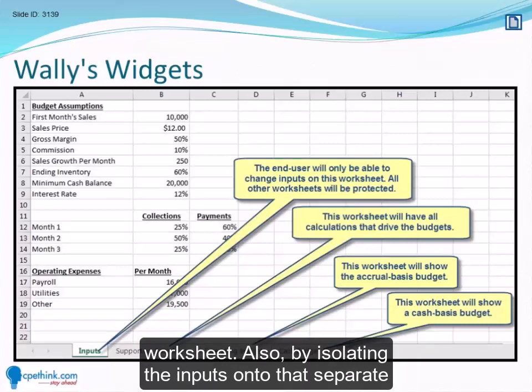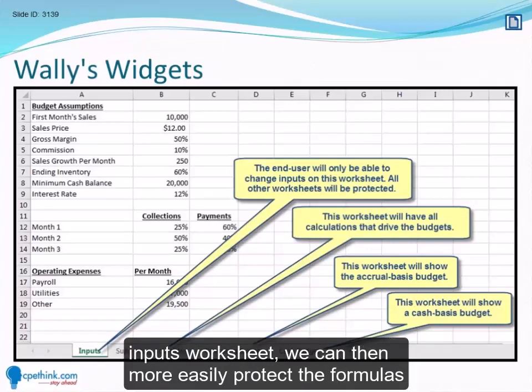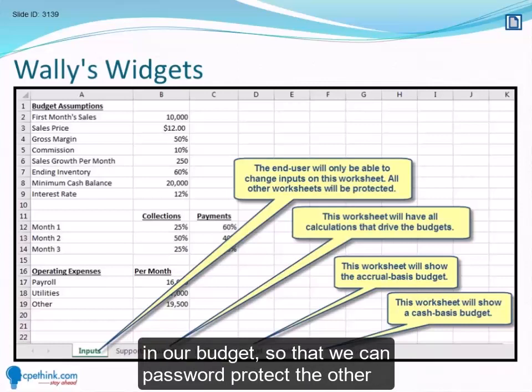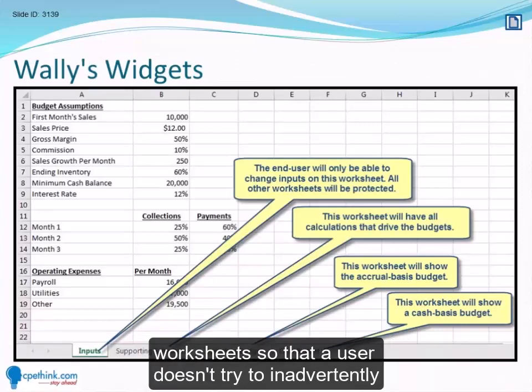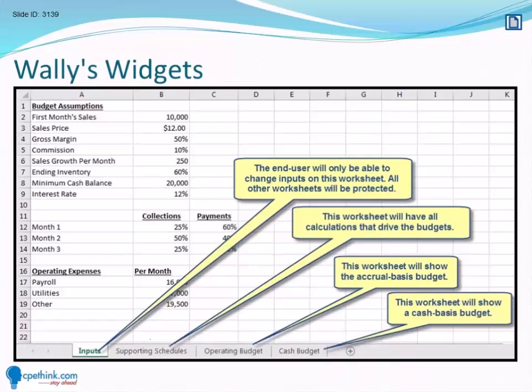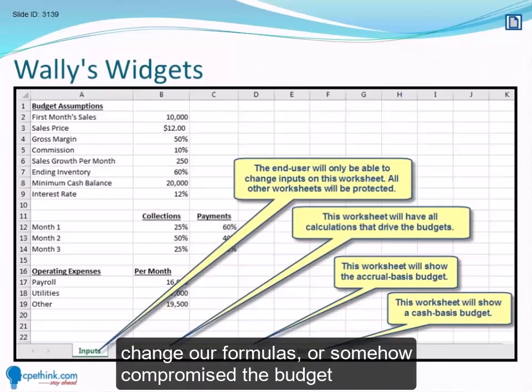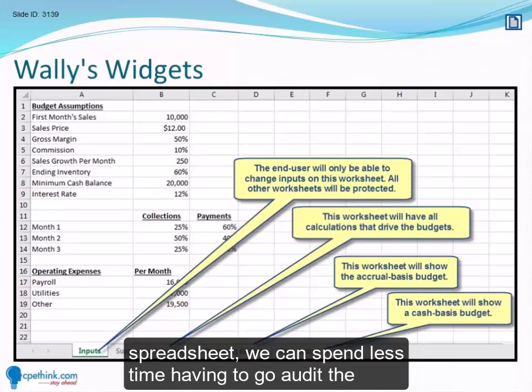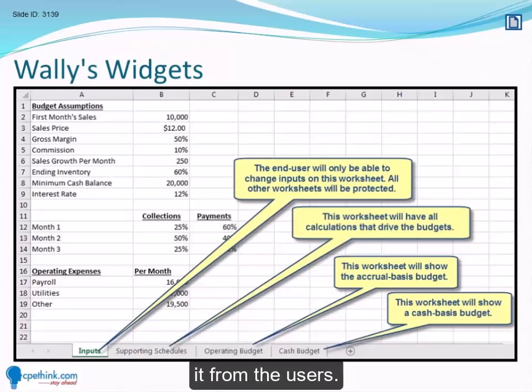Also, by isolating the inputs onto that separate inputs worksheet, we can then more easily protect the formulas in our budget so that we can password protect the other worksheets so that a user doesn't try to inadvertently change our formulas or somehow compromise the budget spreadsheet. We can spend less time having to go audit the spreadsheet because we're able to build it out and then protect it from the users.